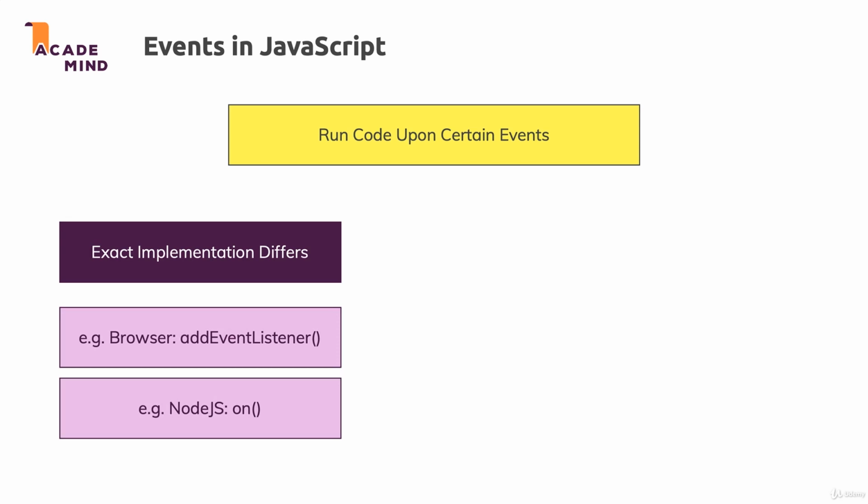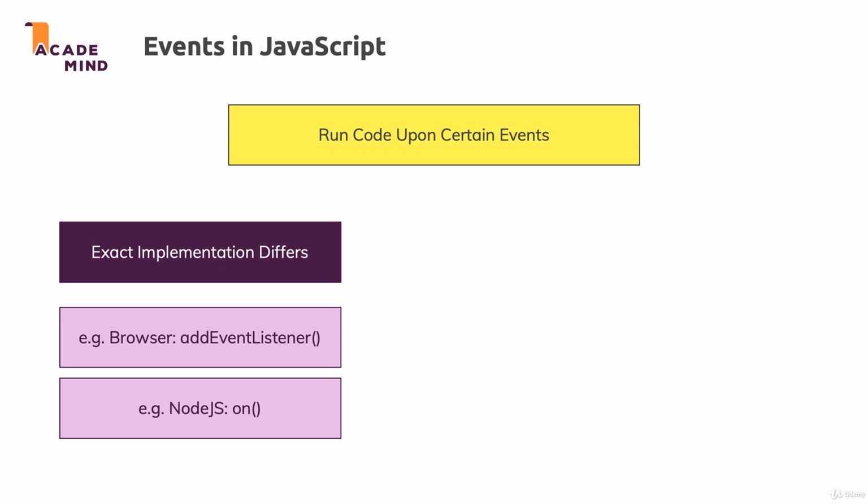On the browser side, we saw we can use add event listener to add an event listener to a DOM node. In Node.js, on the other hand, you often see on or once as methods you chain on some object, which then allow you to listen to certain events. Even with that different syntax, though, the general idea is the same.